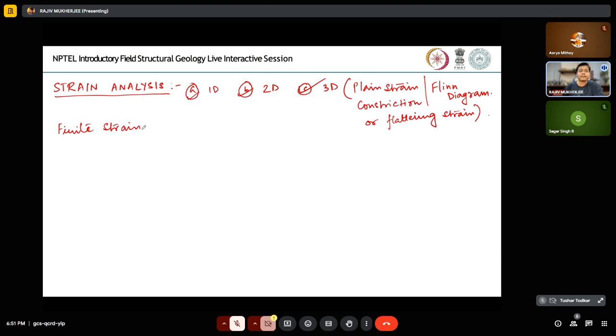So finite strain means the total deformation accumulated over time.